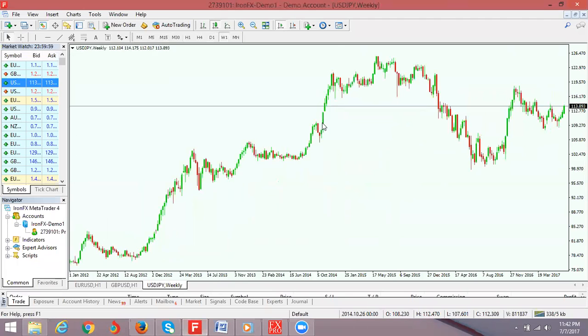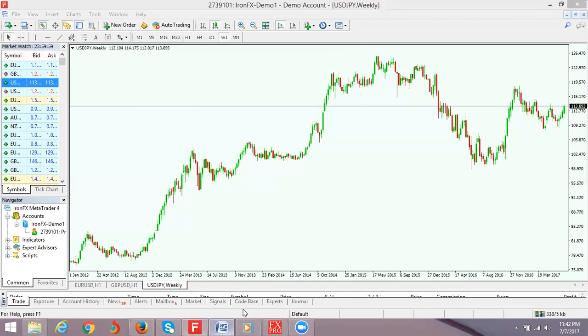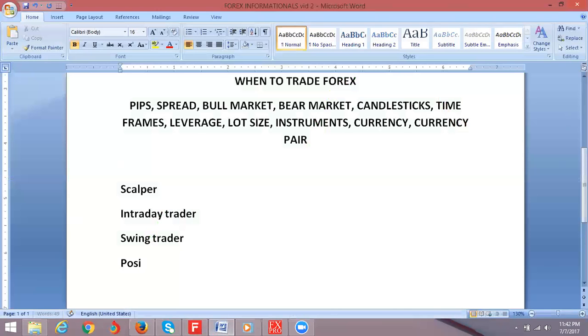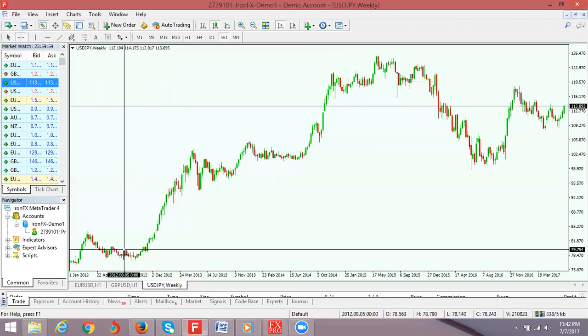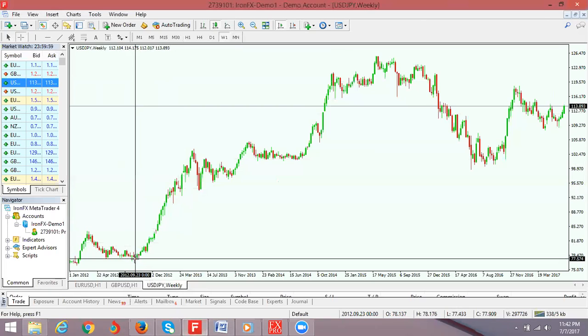Then we have the position trader. The position trader will usually stay in a position. For example, can stay in this position as long as the market is going in his favor. He will stay in it. Let's see, this was 2012 September.